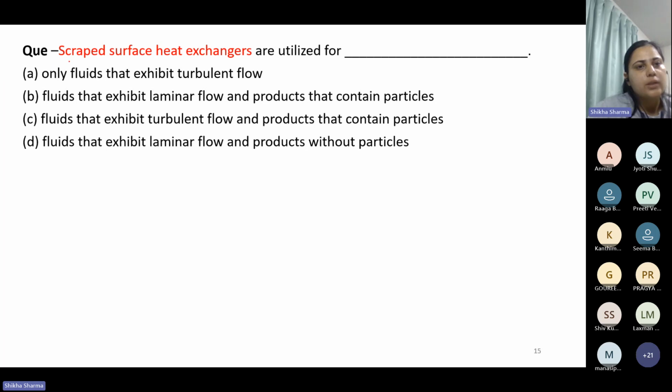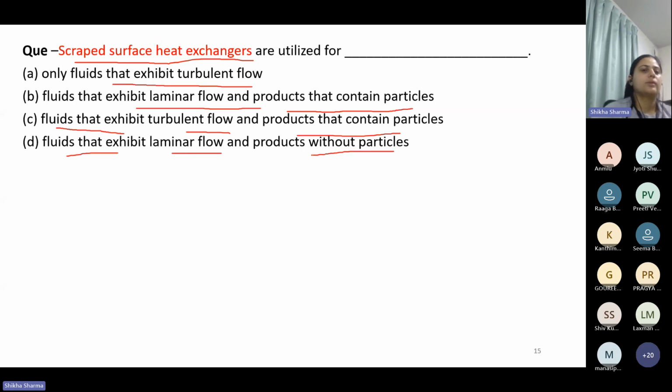So next question is, scraped surface heat exchangers are utilized for only fluids that exhibit turbulent flow, fluids that exhibit laminar flow, and products that contain particles, fluids that exhibit turbulent flow and products that contain particles, or option D is fluids that exhibit laminar flow and products without particles.